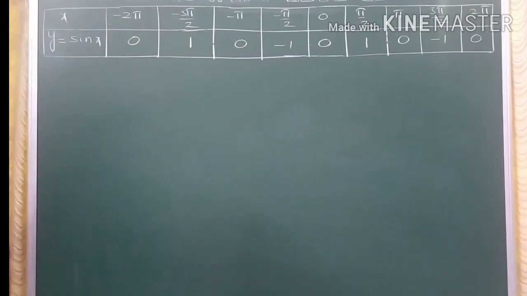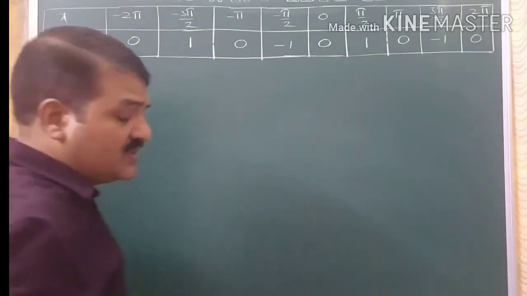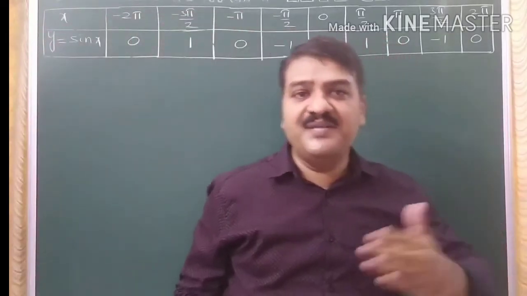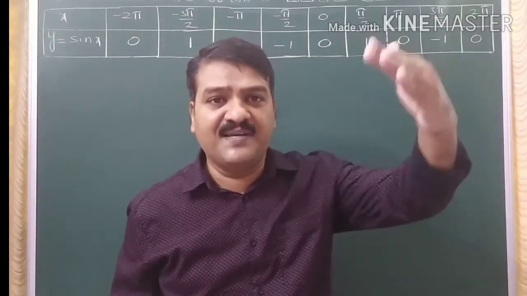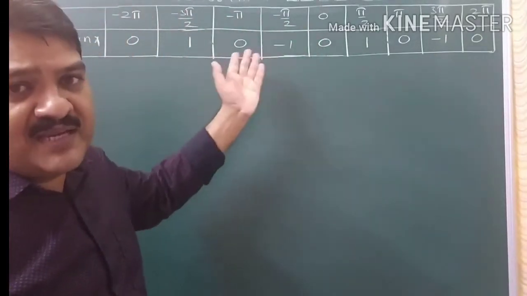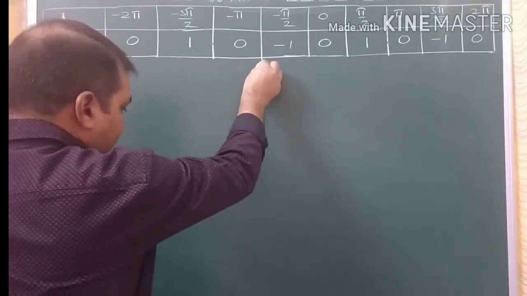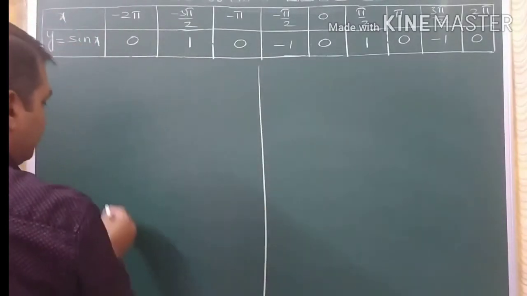Now let us try to draw the graph. If we see the y values, you can see only 0, 1, minus 1, because we know that sin x always varies between 1 and minus 1. These y values clearly vary between minus 1 and 1 only. So let us take the graph now.